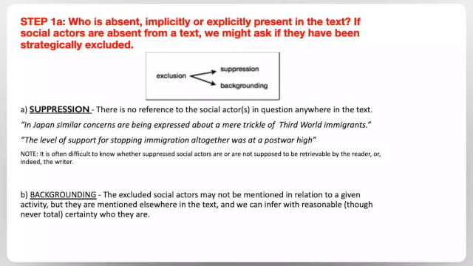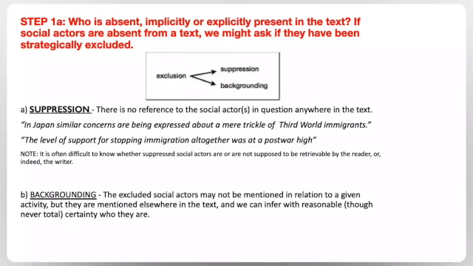So take for example this sentence: the level of support for stopping immigration was at post-war high. Now you can see here, the level of support is a noun phrase. What we don't know from this sentence is who is supporting this? Who are these people? Who is this group? How many are there who are supporting this?